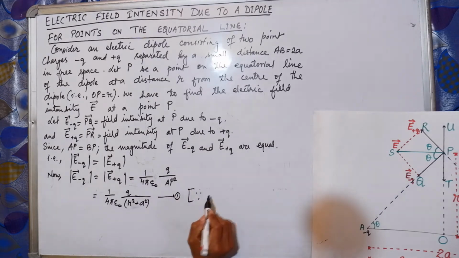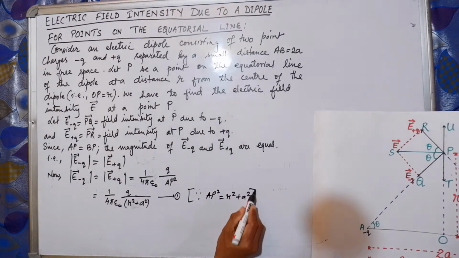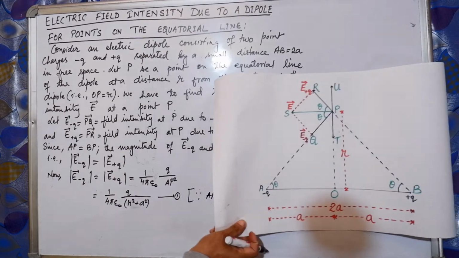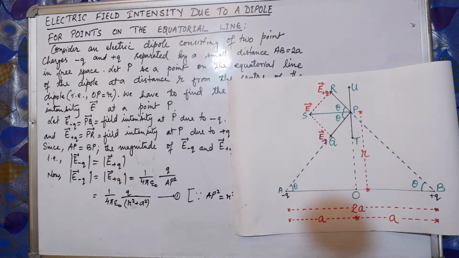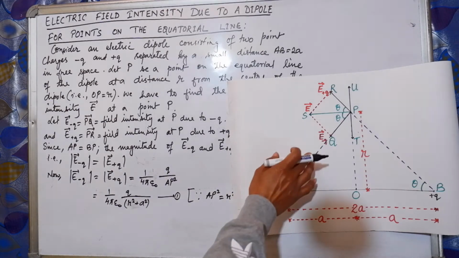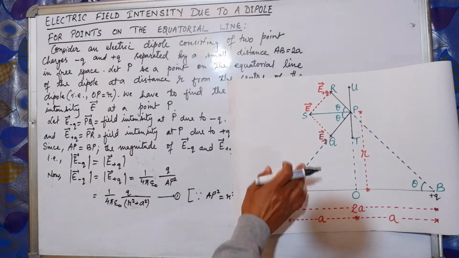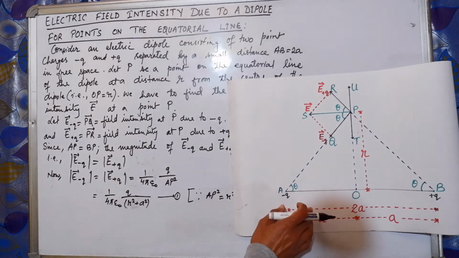Since AP square is equal to R square plus A square, because in this right angle triangle AOP, AP is the hypotenuse, so the square of the hypotenuse will be equal to the sum of the squares of the other two sides.